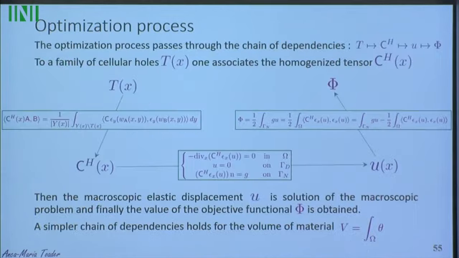How does it work? We have this chain of dependencies for the holes T of X. For each hole, we have the corresponding homogenized material CH obtained by this formula.